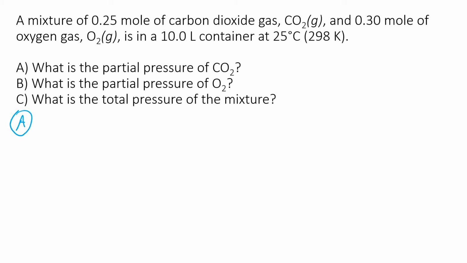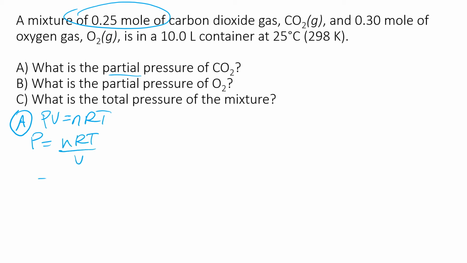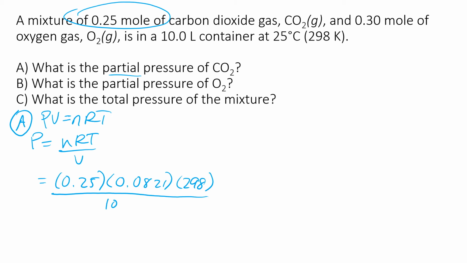So we're going to focus on moles of CO2 for now. We're trying to find the partial pressure of CO2. So PV equals nRT. Divide both sides by V. 0.25, R is 0.0821, temperature 298 Kelvin, divided by 10 liters.